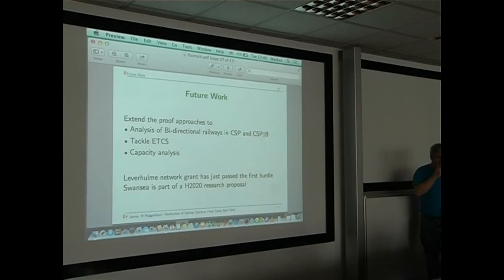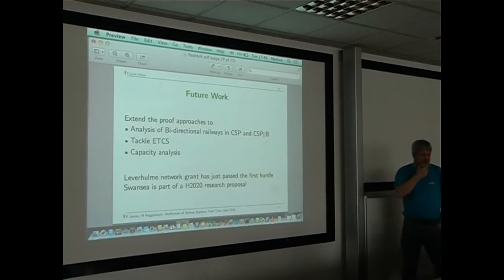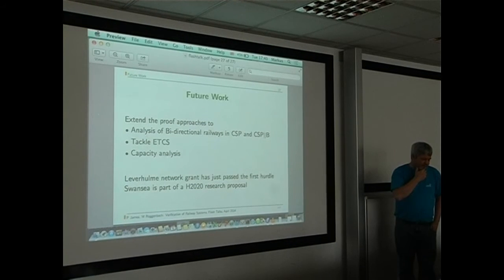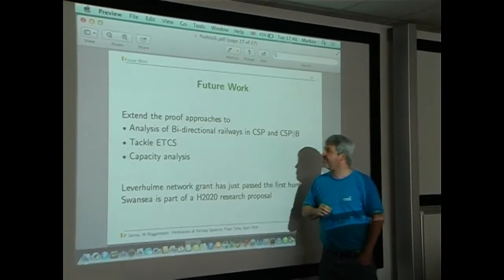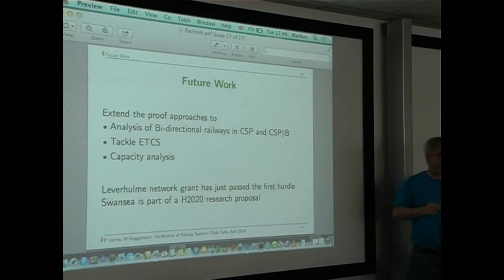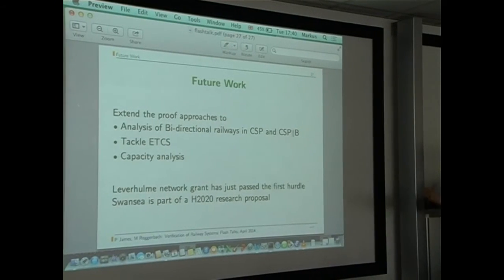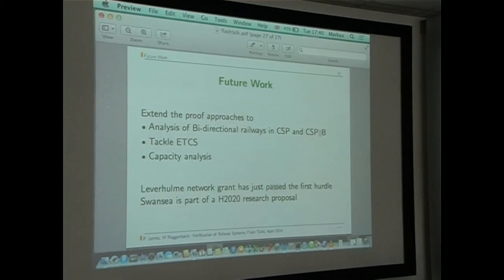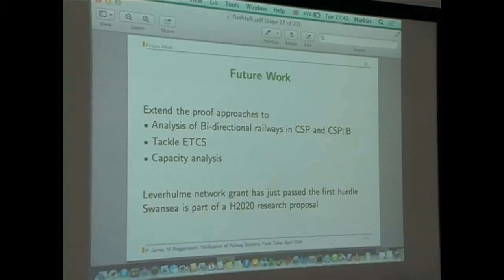We are by no means at the end of our work here. Our current proof approaches are actually at the moment the best that you can find worldwide. No one has ever been able to verify a scheme plan of the complexity of Langley before. So in this sense it is quite an achievement.